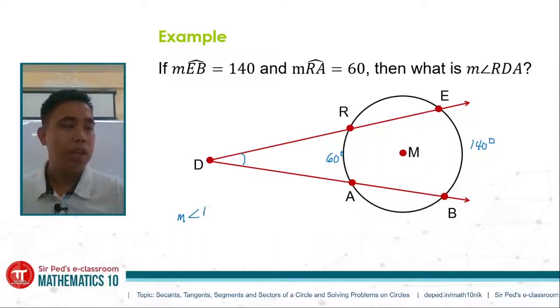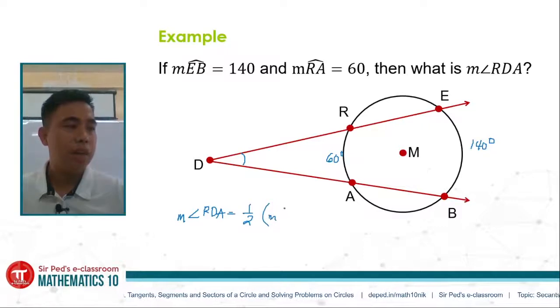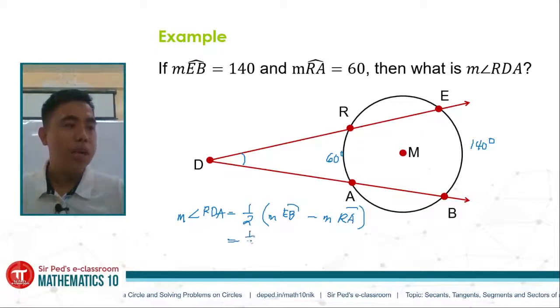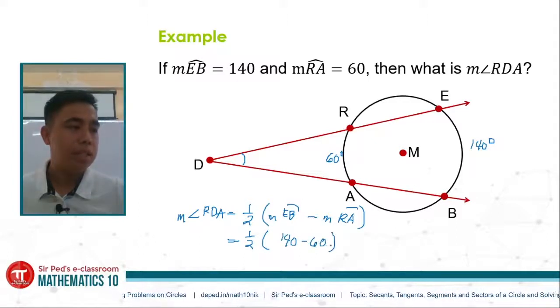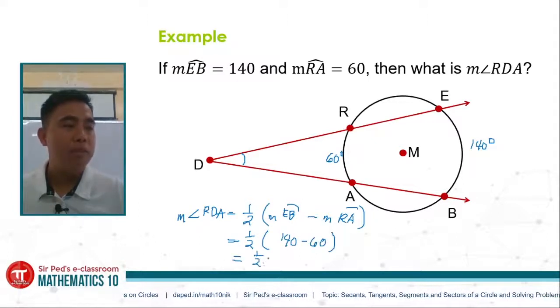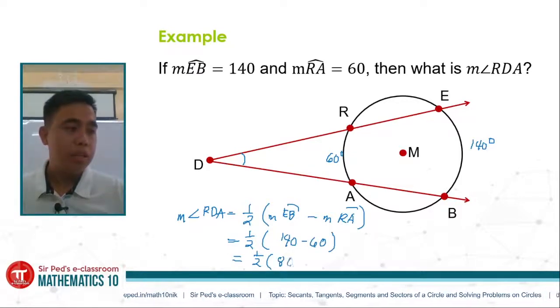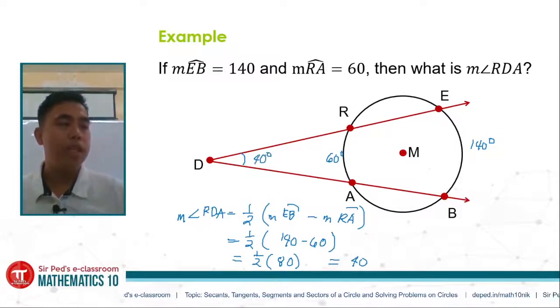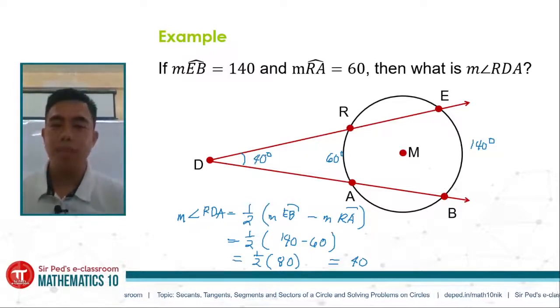Remember, the measure of angle RDA is equal to 1/2 the measure of its intercepted arc EB minus the measure of arc RA, that is equal to 1/2 of 140 minus 60. So that will be 1/2 of 80. So therefore, that is equal to 40. So this is now 40 degrees. Okay?